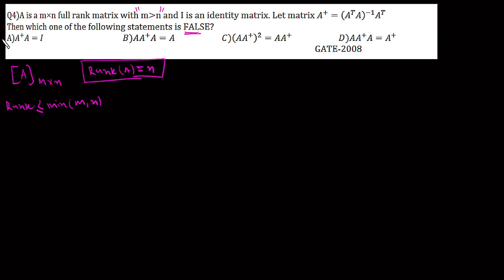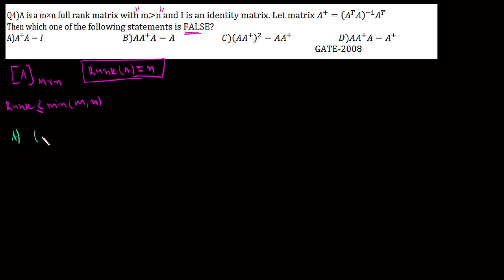So now let's move to option A. Option A says if I multiply this A plus with A, then in the output I am getting identity. Now A plus is defined in this particular way, so let's put it here. Let's check option A. So let's replace this A plus with this whole term.